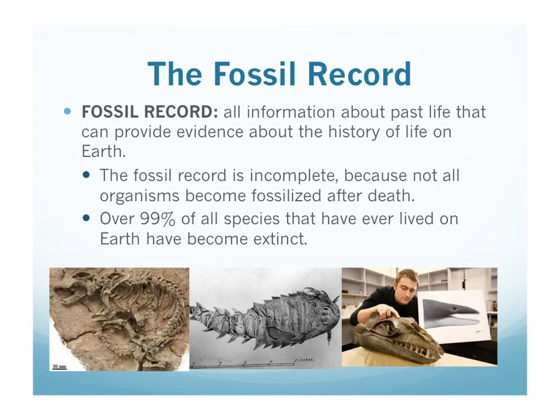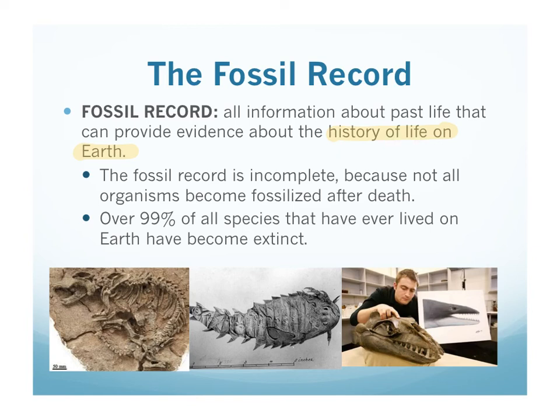The last piece of evidence that is used to prove evolution is the fossil record. The fossil record is sort of like looking at a book in the planet, preserved in the rocks. It holds all the information about past life that can provide evidence about the history of life on Earth.